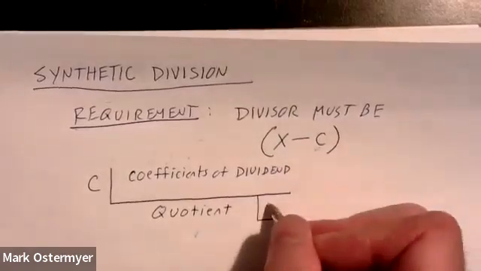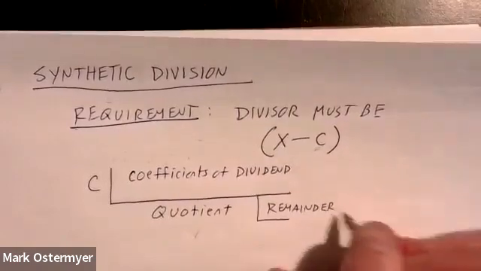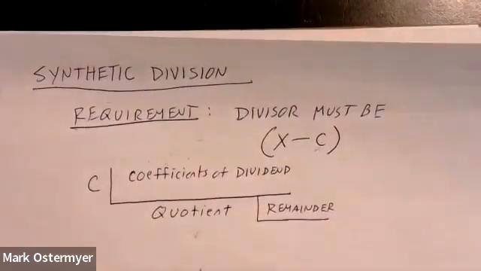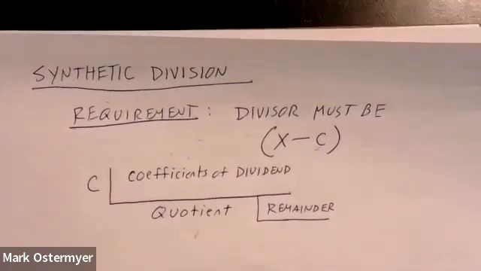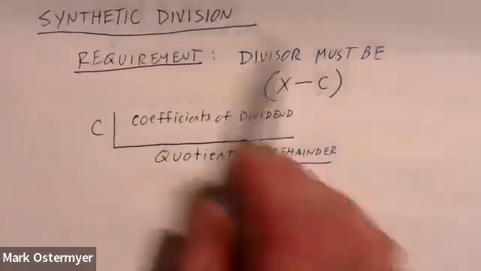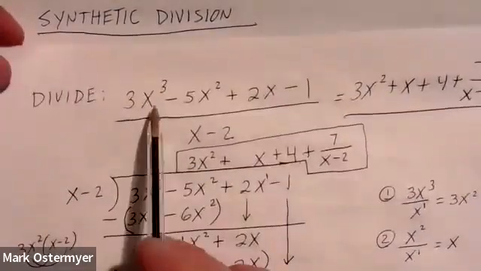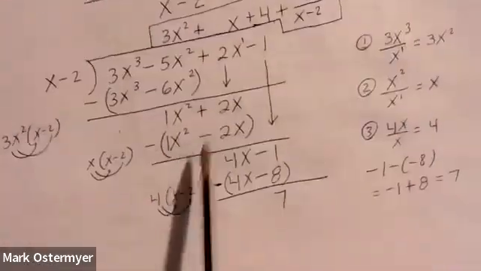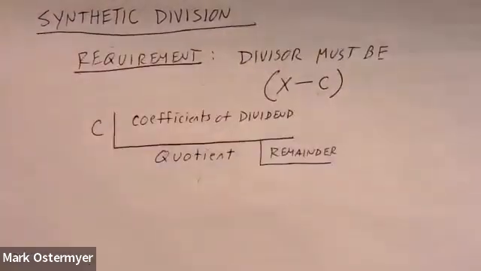And at the end, you're going to have what's called a remainder here. That's what synthetic division looks like. It compresses long division down to basically one line, if you will. Okay. So here we go. We're going to employ this new method of dividing by a binomial called synthetic division for this problem here that I worked out earlier using long polynomial division. And we're going to convince ourselves we get the same answer.